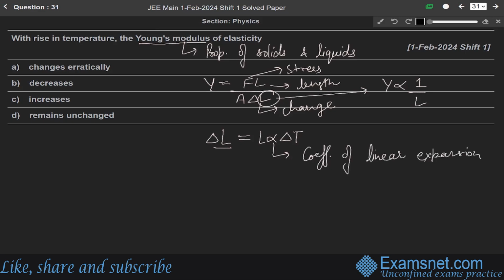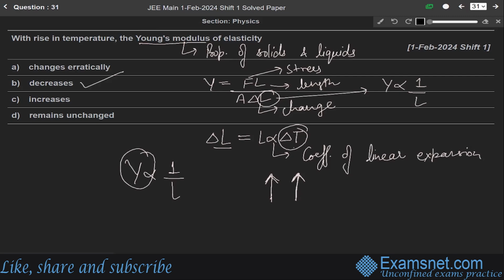So we see that length is directly proportional to temperature. If the temperature increases, the length also increases. Since Y is inversely proportional to L, if L increases, then Young's modulus decreases. So with the rise in temperature, the Young's modulus decreases. The correct answer is option B.